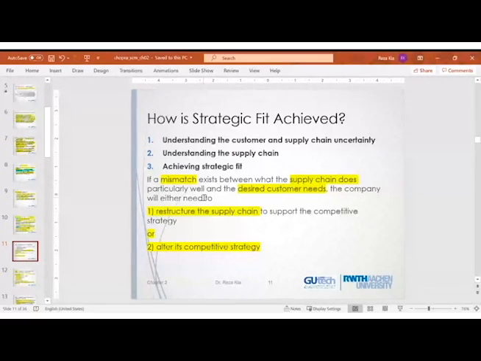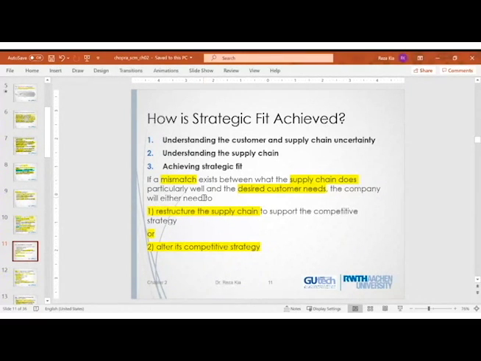And if there is a mismatch between these two, and the supply chain cannot fulfill the customer demand, then that would be our failure. Again, we need to restructure our supply chain, or maybe we can change our competitive strategy.